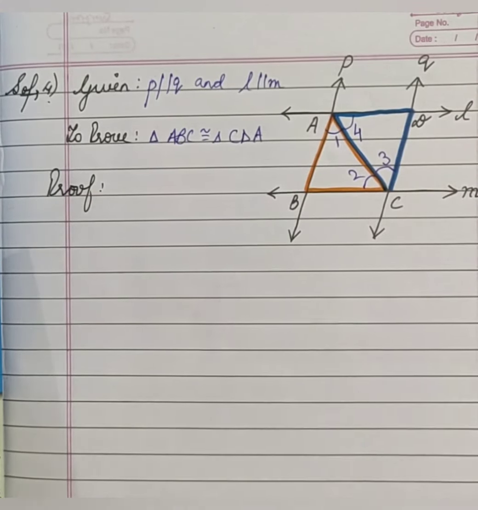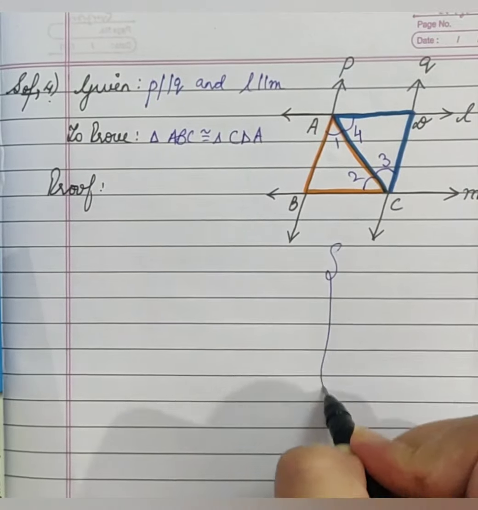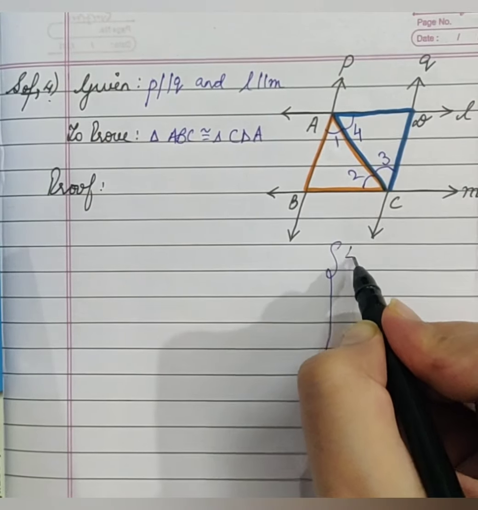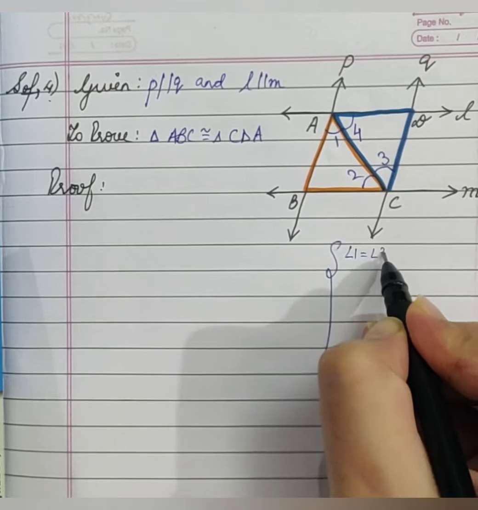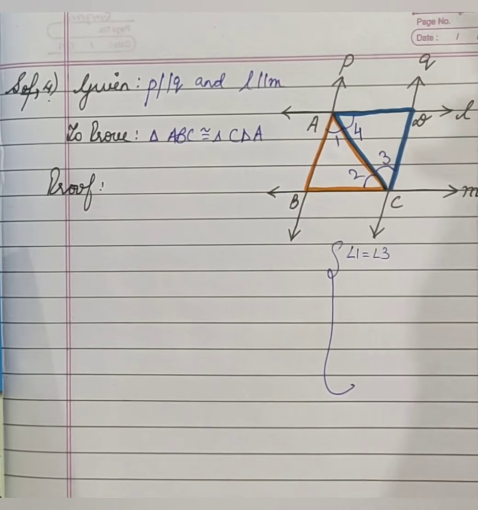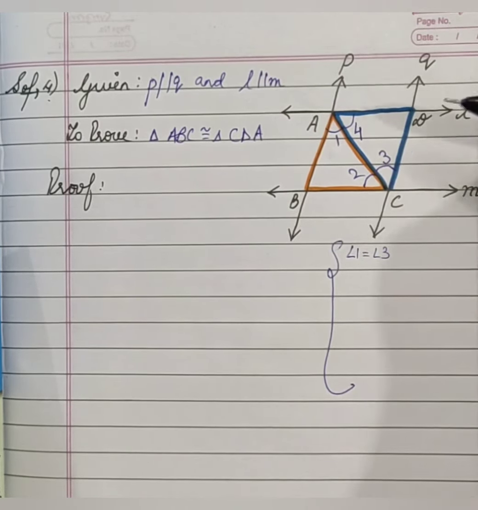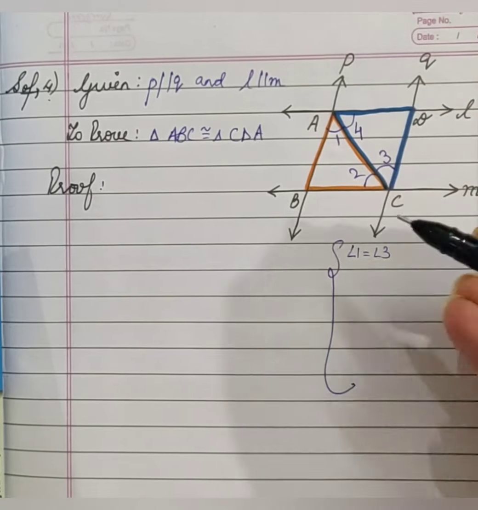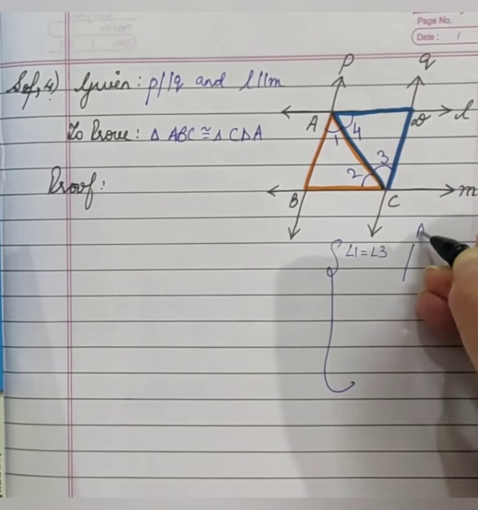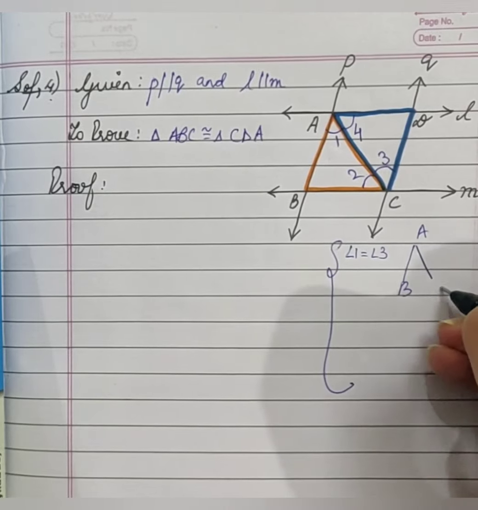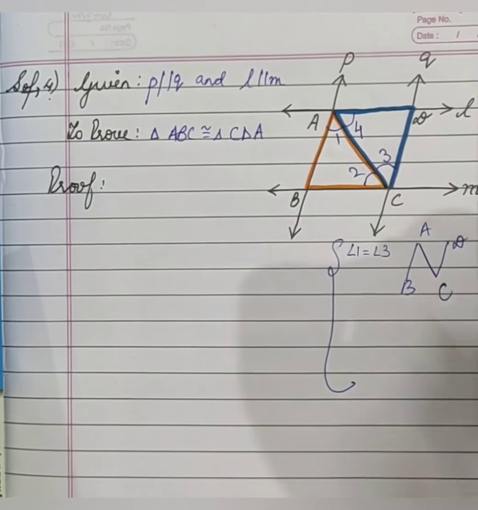See, this is the rough portion. Angle 1 is equal to angle 3. Why? Because these are alternate interior angles. Why these are alternate interior angles? See, this is AB, this is AC, this is CD.